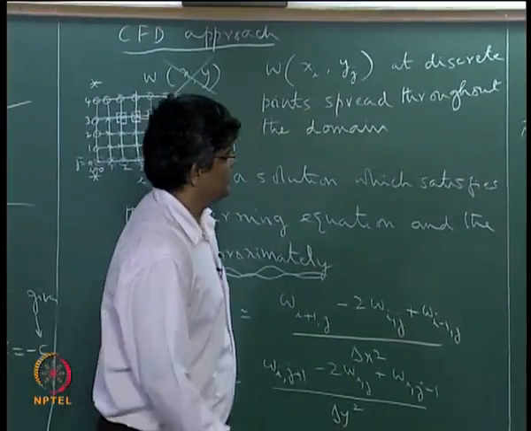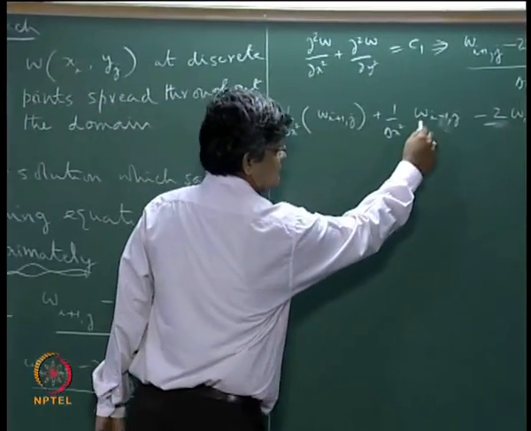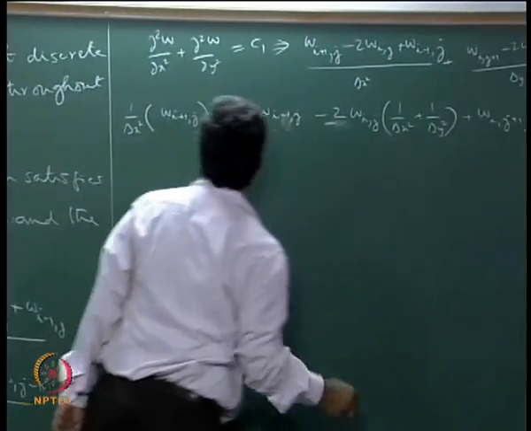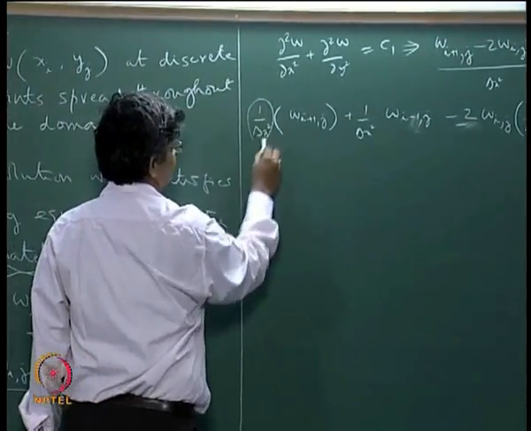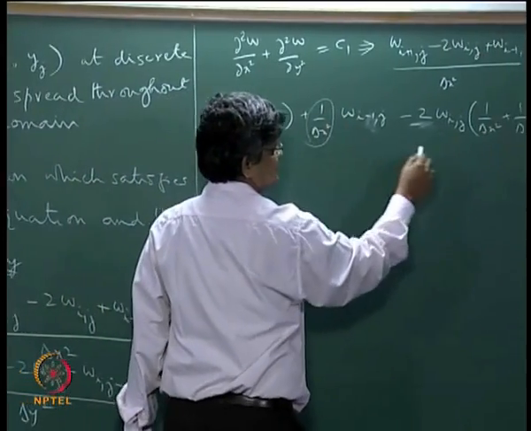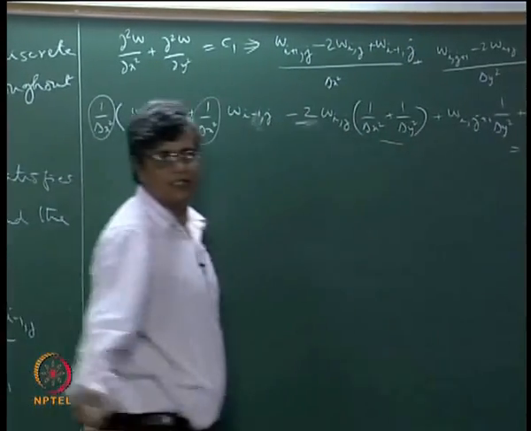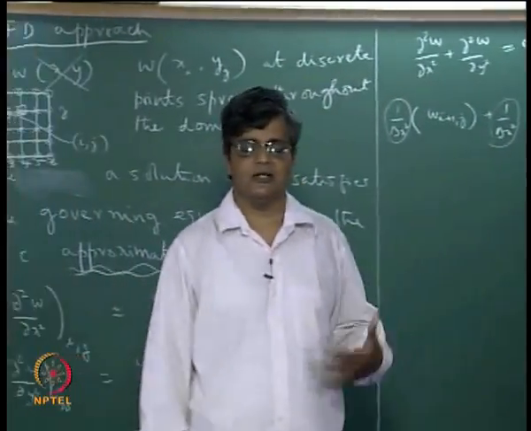And what we see here is that these are the variables and each of them has a coefficient 1 by delta x square like this. The coefficients are things that we can compute.